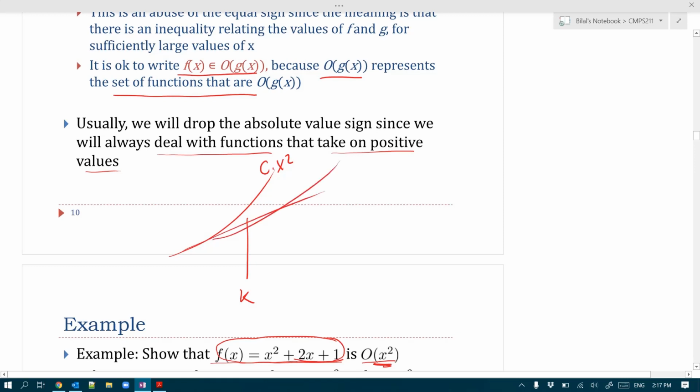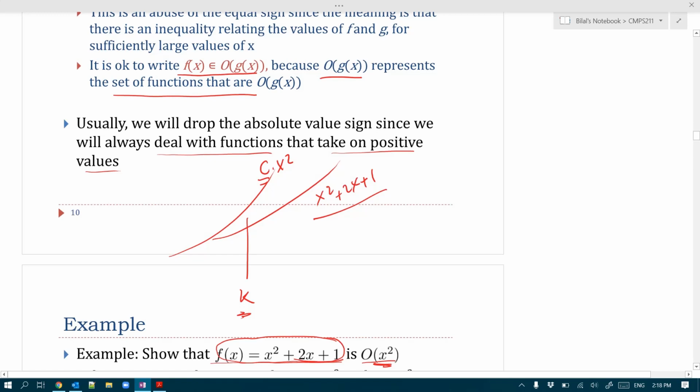It should not be linear, it's also quadratic. So we can find a constant c sufficiently large to exceed systematically, starting from a certain threshold k, the function f of x being x squared plus 2x plus 1.